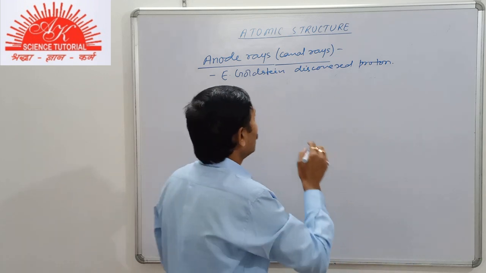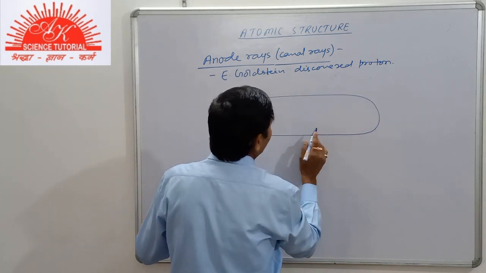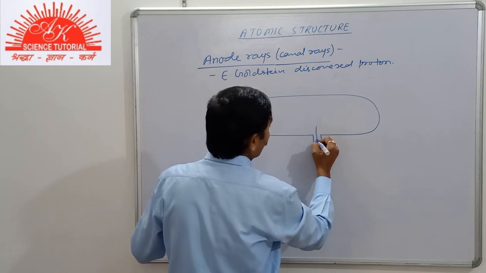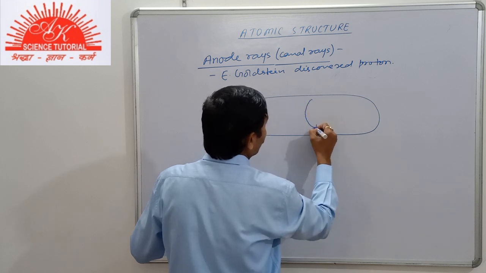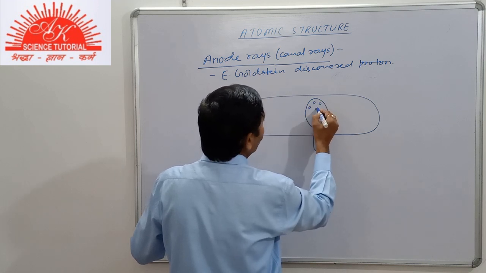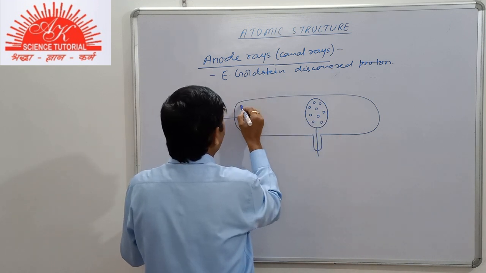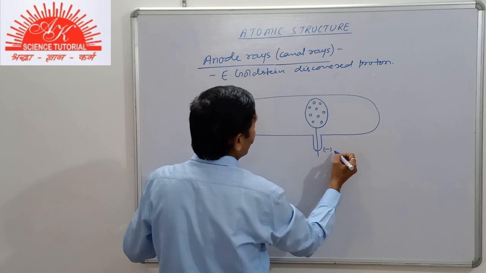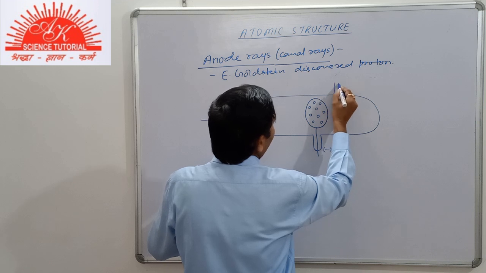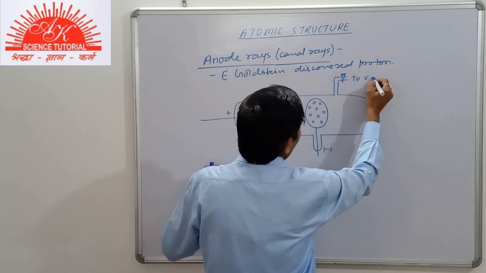This was the structure of the discharge tube used by Goldstein, which has a perforated cathode plate, and on the other side it is negative, the cathode, and here it is the positive anode, and again the tube was connected to a vacuum pump.